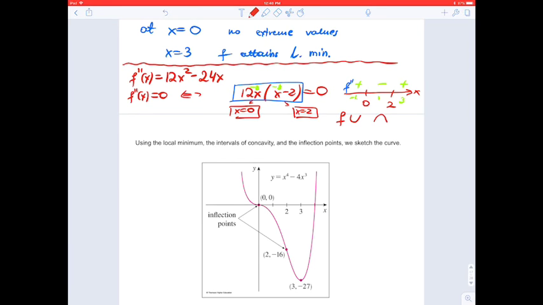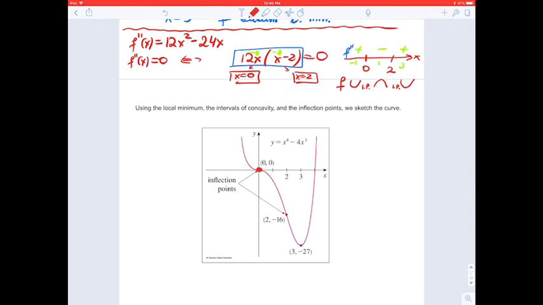Then the function is concave up, concave down, and concave up. That means at 0 we have an inflection point, and at 2 we have an inflection point. And that's what we had above. The function is decreasing, and we know the concavity, concave up.